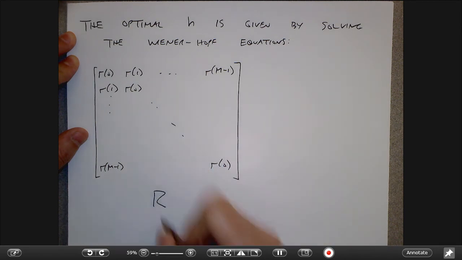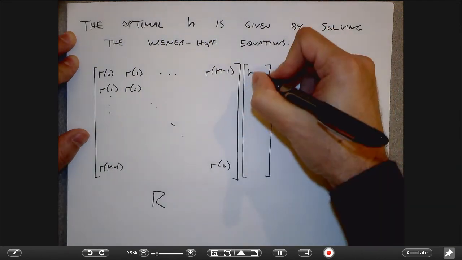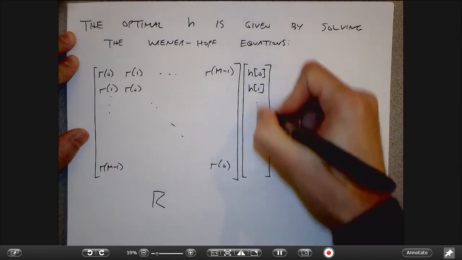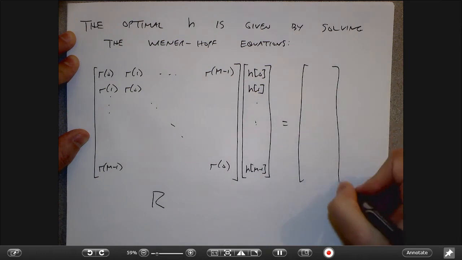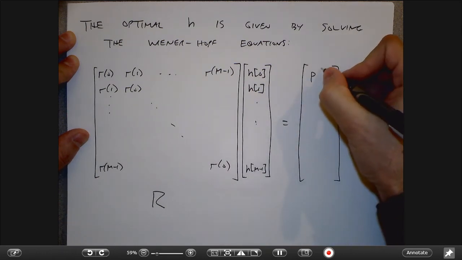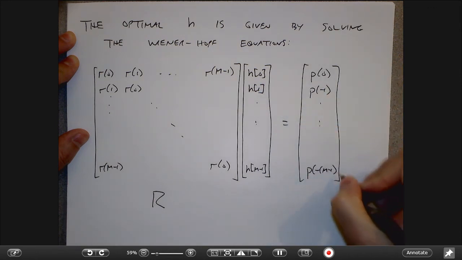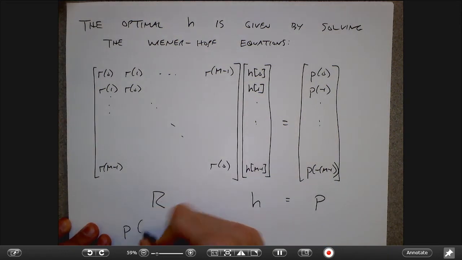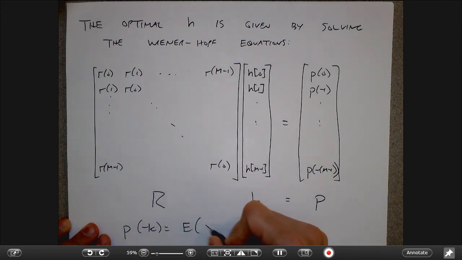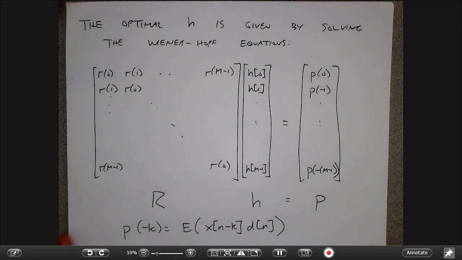And then we had a vector of the unknown filter taps, h0 through h m minus 1, and we set that equal to the right-hand side vector, which we called P. P was defined as a correlation or covariance between the n minus kth sample and the desired signal.